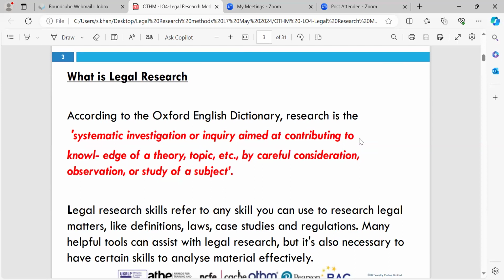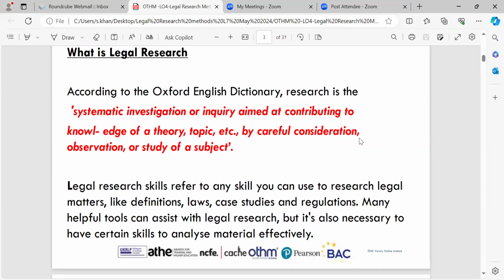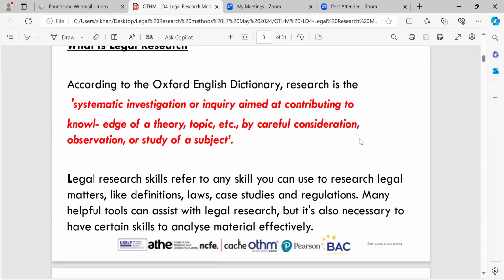So it literally refers to an area you pick, and you have to identify and contribute to the knowledge that you want to gain from that subject area. Legal research skills refer to any skill you use to research legal matters, like definitions, case studies and regulations. Many helpful tools can assist in legal research, but it's necessary to have certain skills to analyze material effectively.